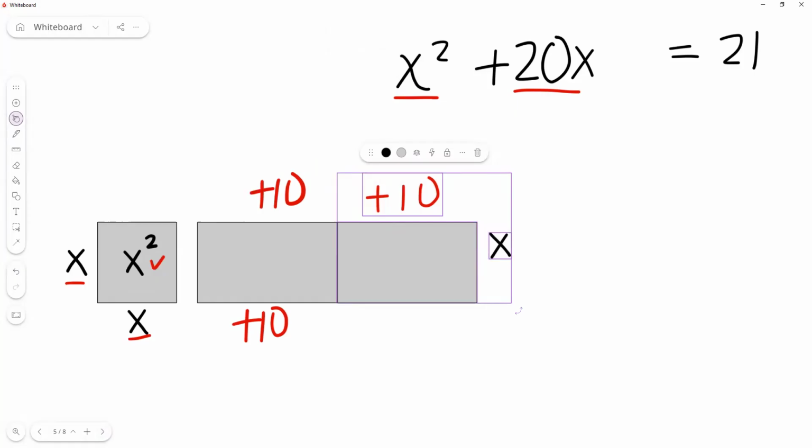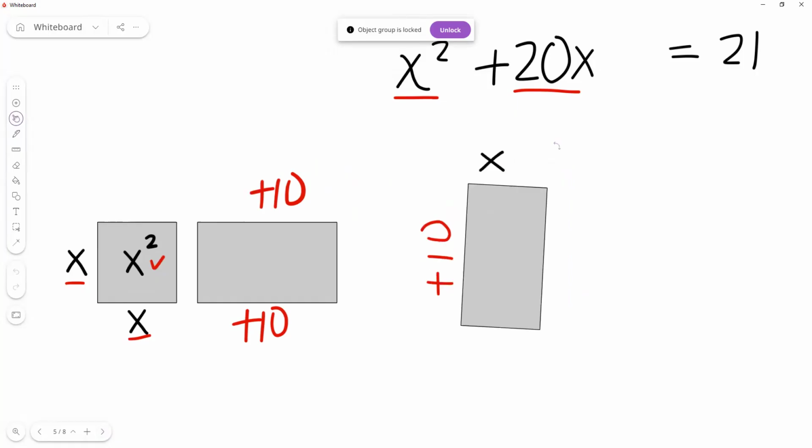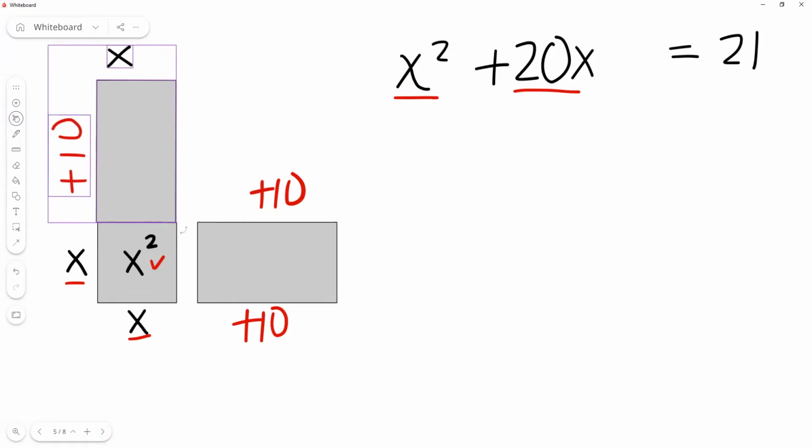I'm going to move this over, and then I'm going to flip it this way. I'm going to make it vertical. And then I need to get rid of this vertical lock. And I'm going to move this half of the rectangle right over here on top of the existing square that we have.